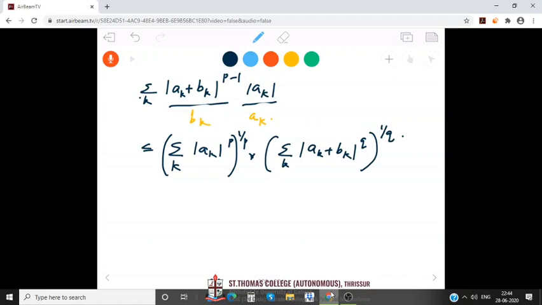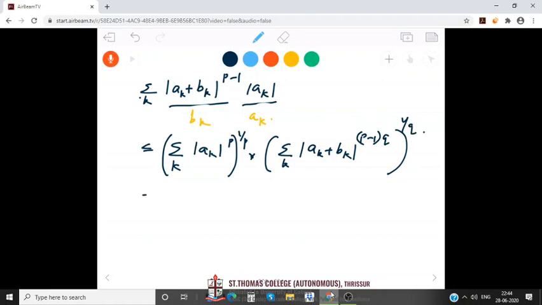Here one thing is, our BK is |AK plus BK| to the power p minus 1.